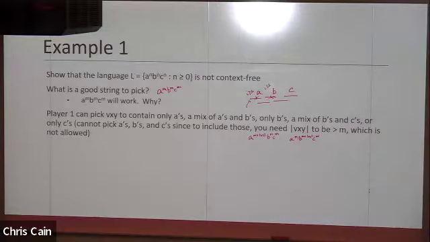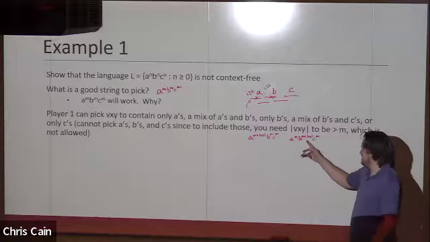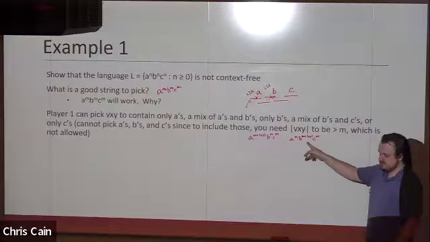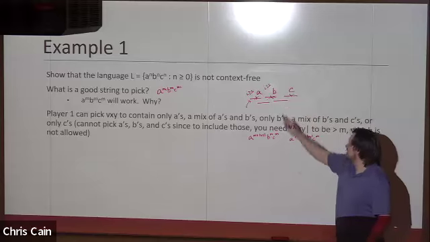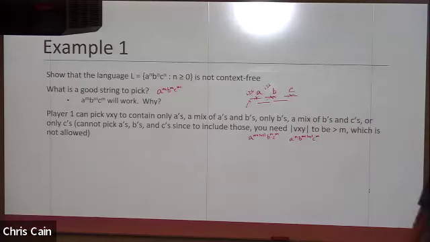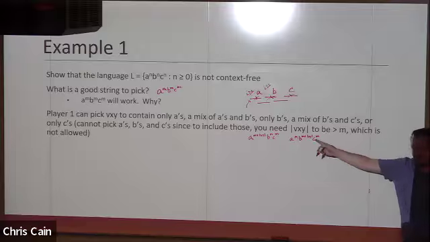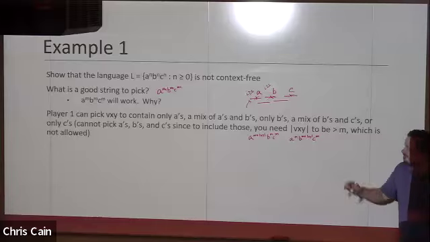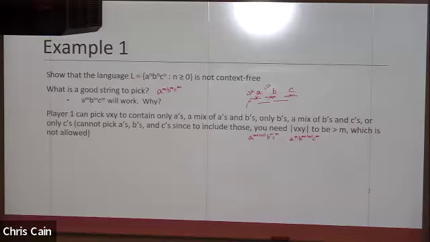So the recursion cannot be in just B's. Very similar argument for C's, the plus the length of VY just moves on to the C's. We can eliminate that case. So player one can't pick that. This becomes our proof. We kind of have a contradiction that we derive for each possibility that player one could pick. So how do we show it for AB or BC?